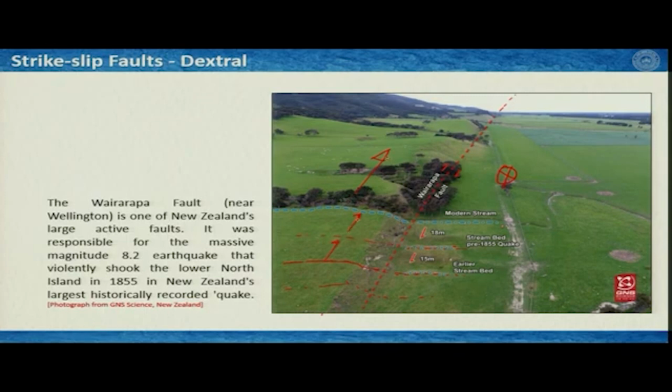So, the river is continuously shifting, and this has been dated to be of pre-1855 earthquake, and this is a classic example of a dextral strike slip fault. And why is this dextral? Exactly because if you stand on this side, you will see that this is moving towards your right side.